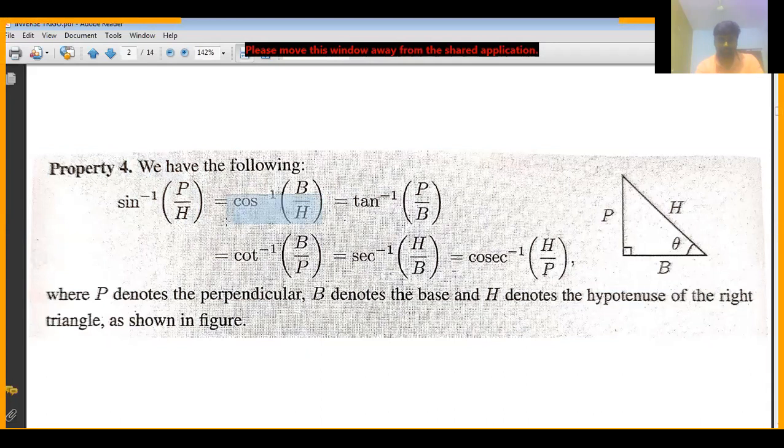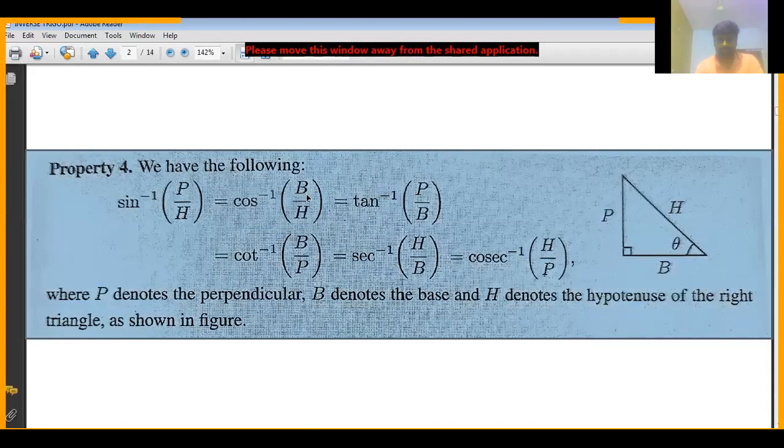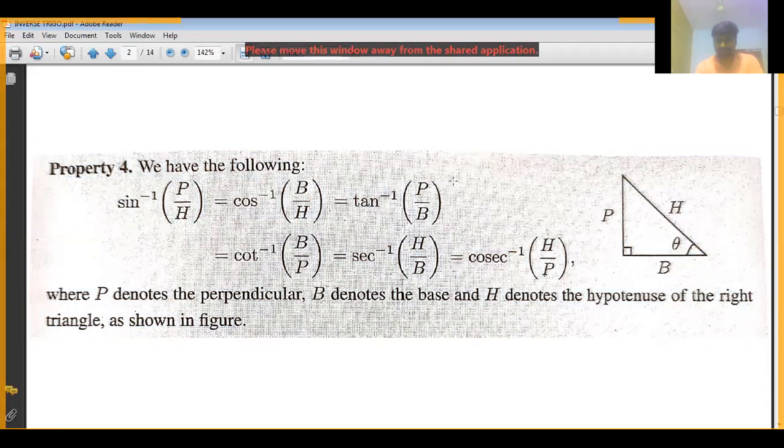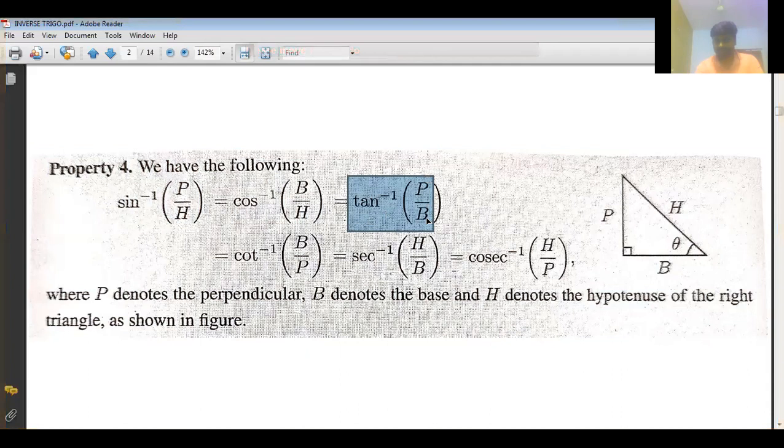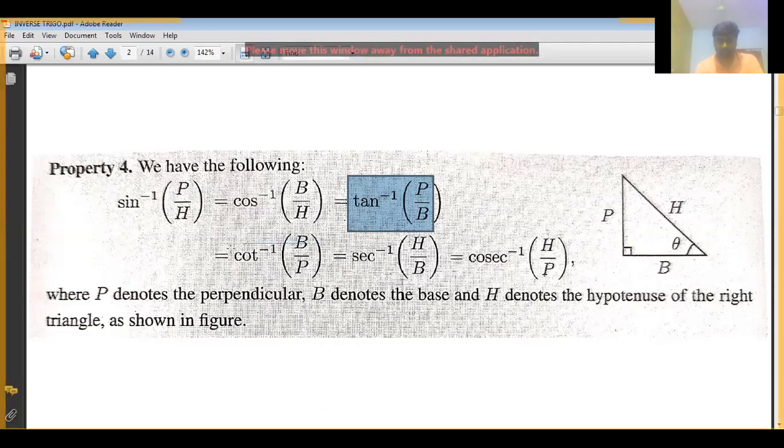How can I write cos inverse there? Base by hypotenuse. Now similarly, what about tan inverse? Tan inverse is perpendicular by base, or opposite by adjacent. Now what about cot inverse? That is the reciprocal of tan inverse.